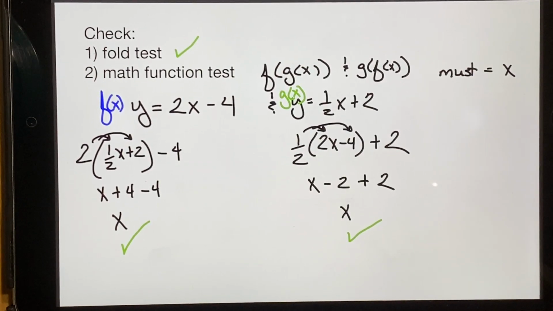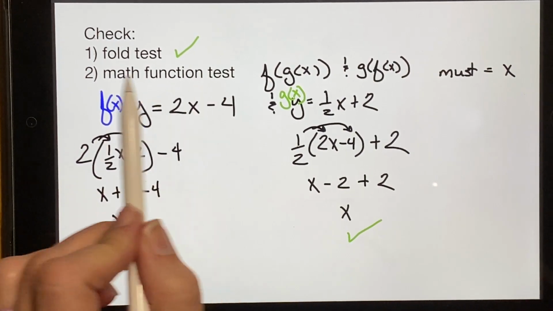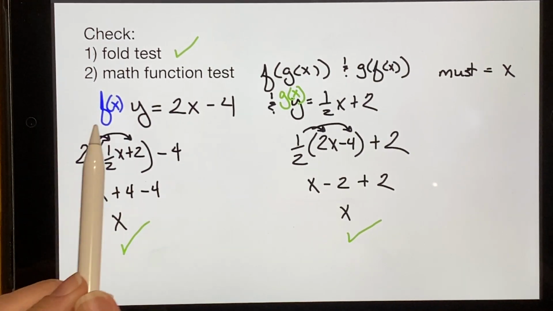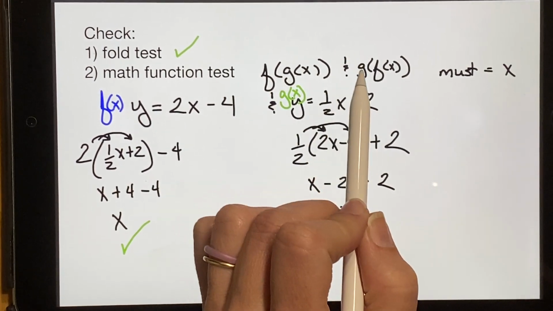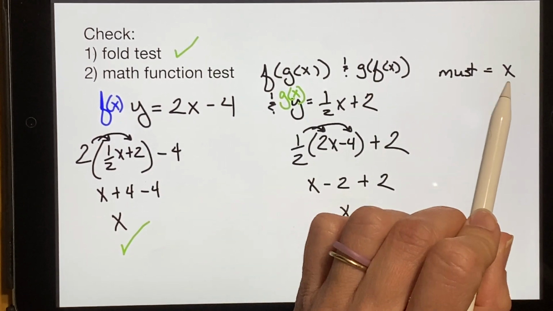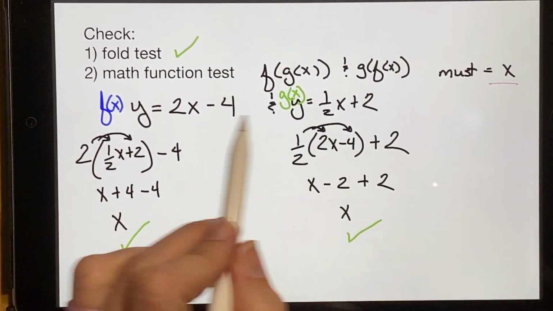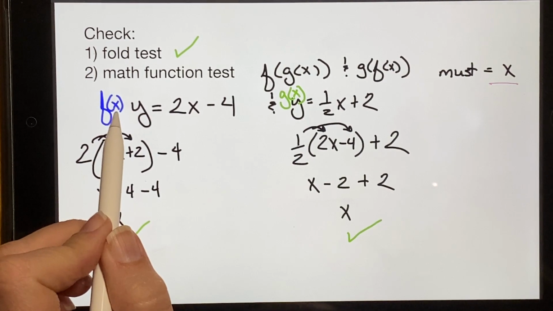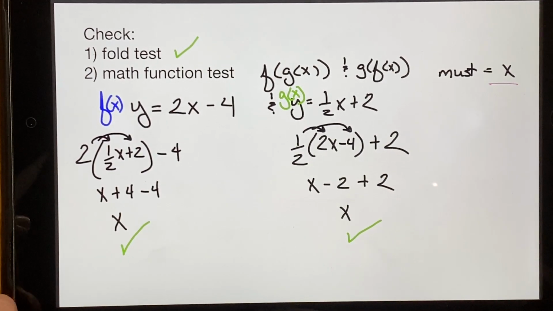There are several different ways that we can check. We can check it with that fold test, which is what we were just doing. We can also check it with our math function test, because it tells me that f of g of x and g of f of x must equal x. They must both produce that identity. So I'm going to take my two functions, label one of them as f and one of them as g, and do the math on it.